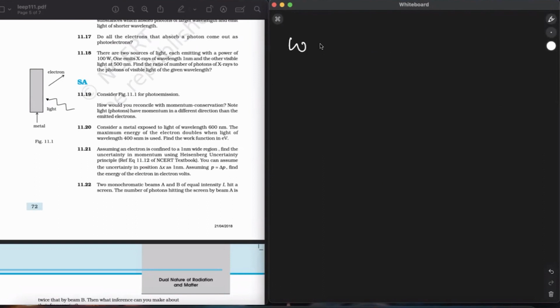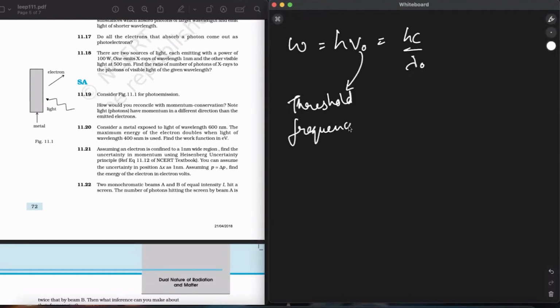So work function will be h nu naught. It can be written as hc upon lambda naught, where this nu naught is called the threshold frequency. This is the minimum frequency of light which can be used to eject the electrons, and this is the maximum lambda which can be used. This is called the threshold wavelength.